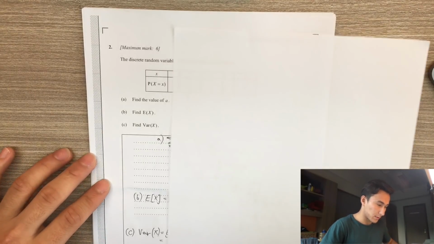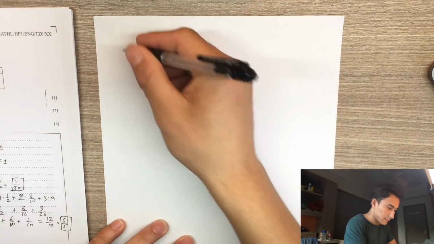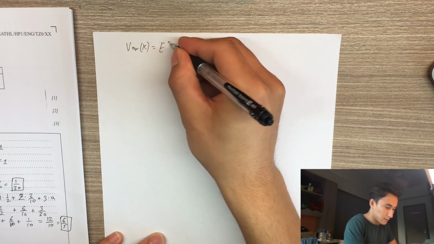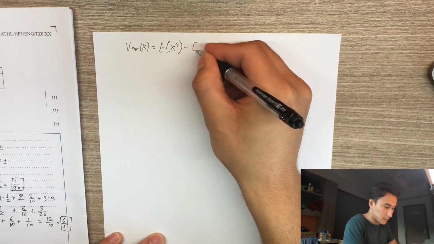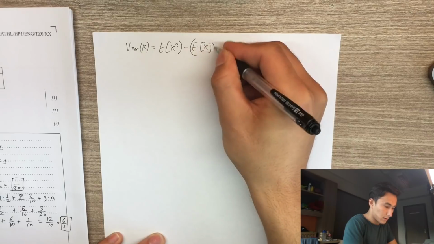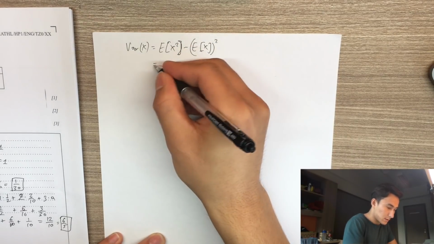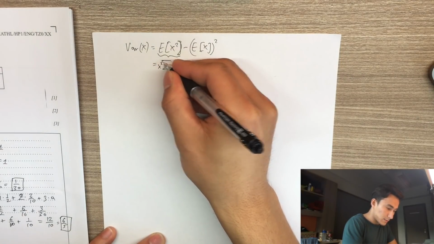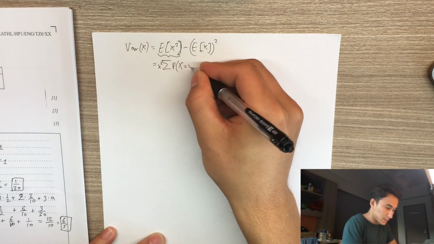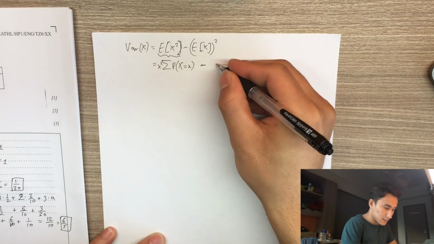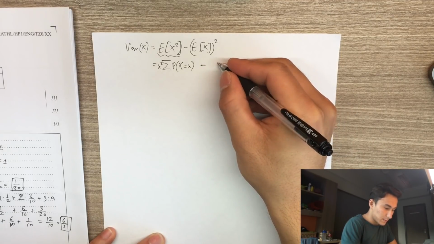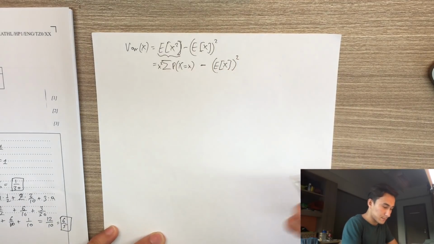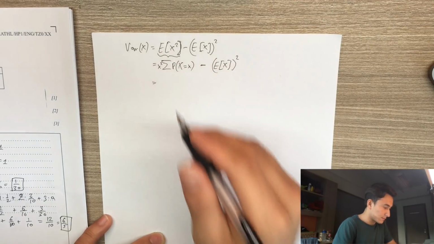So I will rewrite it here as variance of x is equal to E of x squared minus E of x, the whole thing squared. So now this part will be x squared multiplied by p of x, subtract the expected value squared, and we know this value already, so we calculate this part.